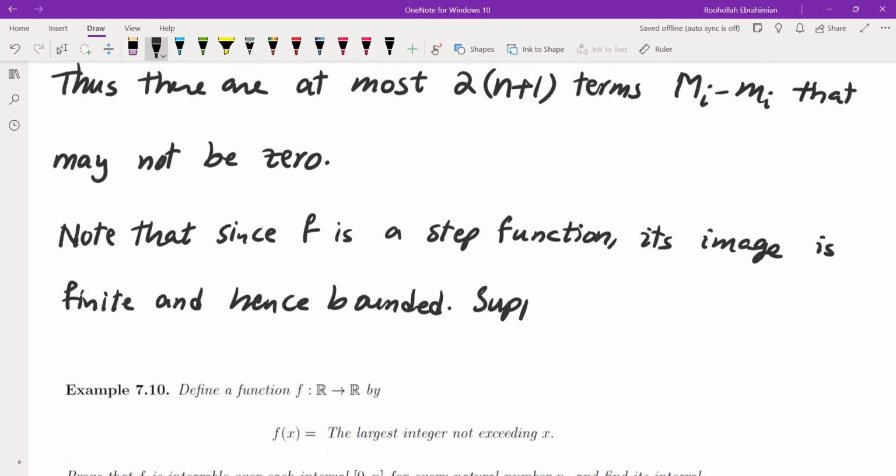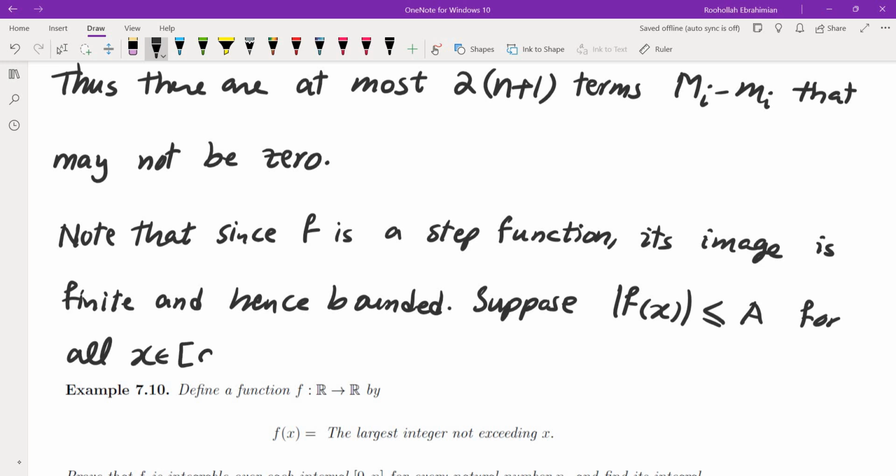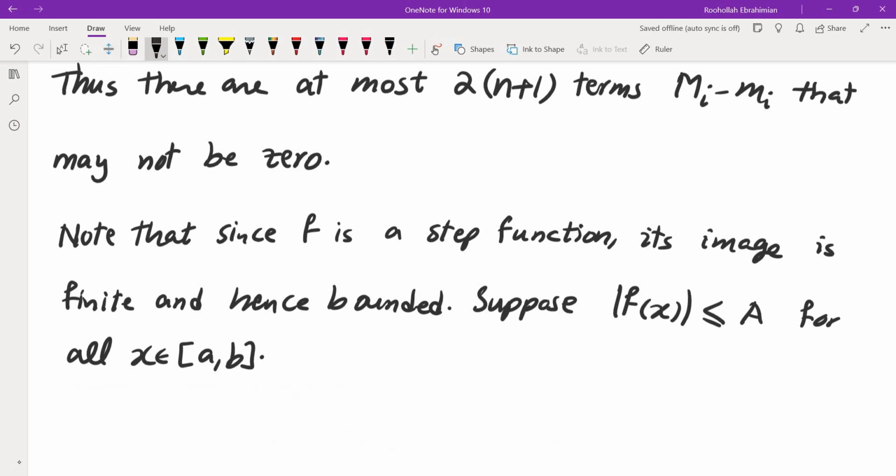So suppose the absolute value of f(x) is less than or equal to A for all x inside the interval [a,b]. So what we have is that M_i minus m_i would be less than or equal to A plus A, 2A.